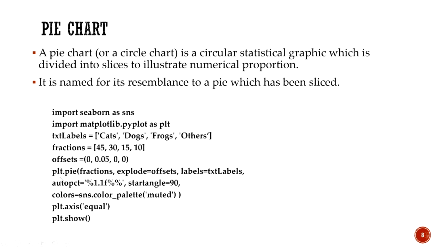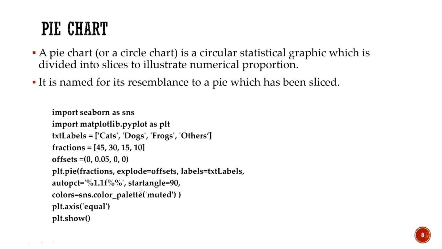Then we call Matplotlib library, and the function is named pie. Then we can pass fractions, the proportions, and we use explode to offset slices, and then we pass labels. And if you want to show percentage of each slice, then we use autopct or auto percentage. And 1.1f means 1 digit after the decimal point.